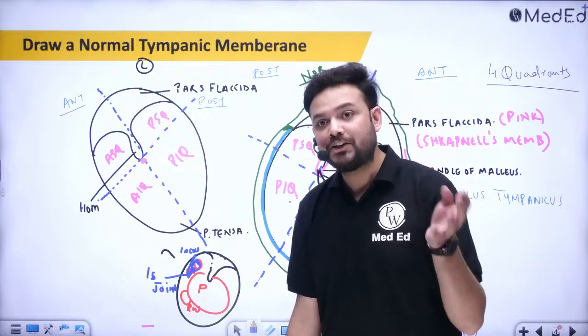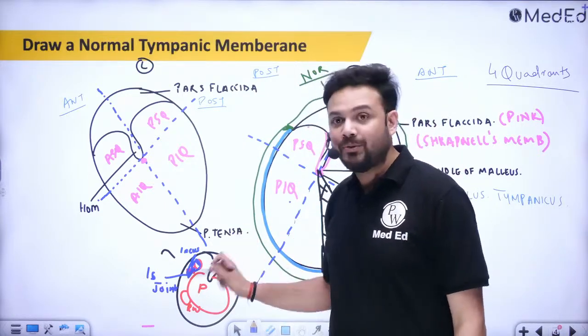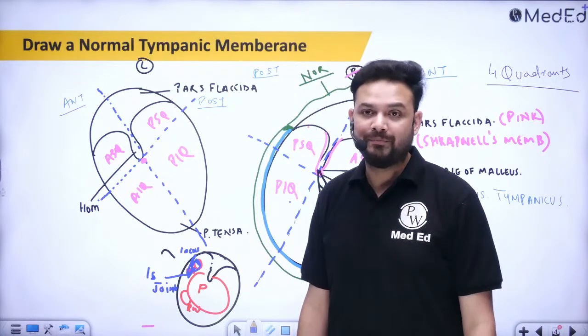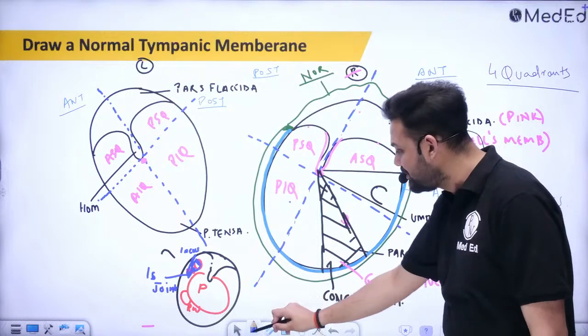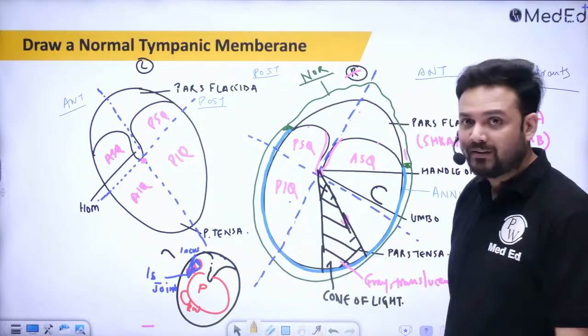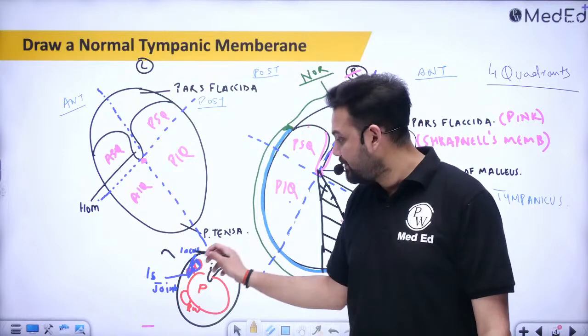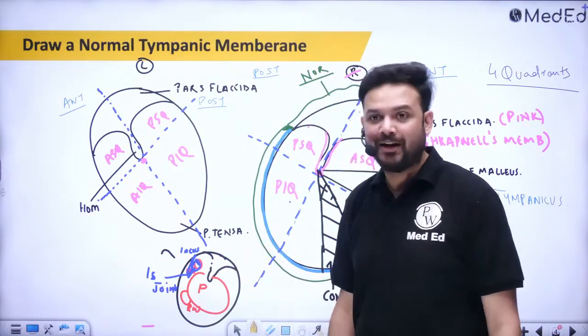So if I ask you, in which quadrant will the shadow of the incudostapedial joint be seen? Which quadrant will have the incudostapedial joint shadow? In all of these four quadrants, where will you see it?